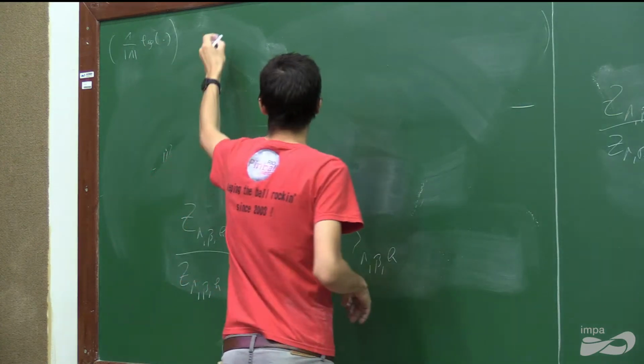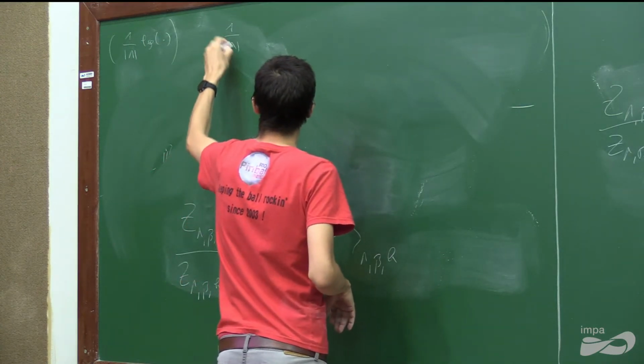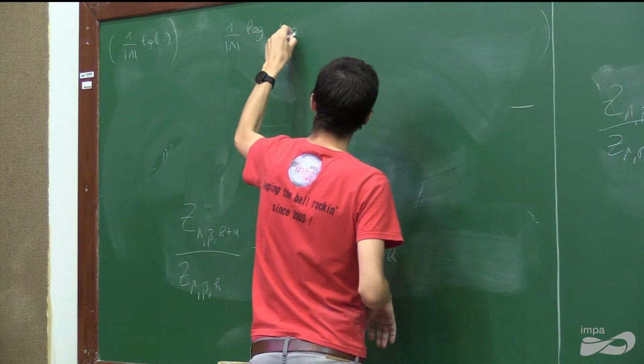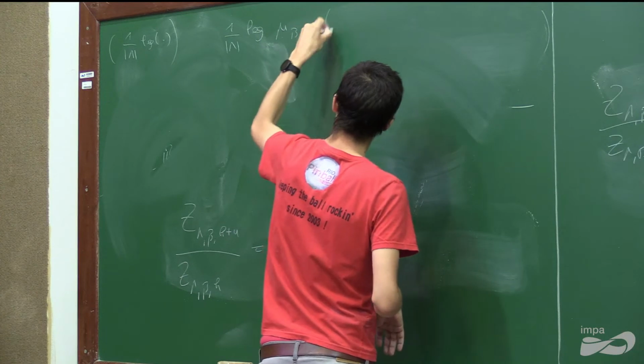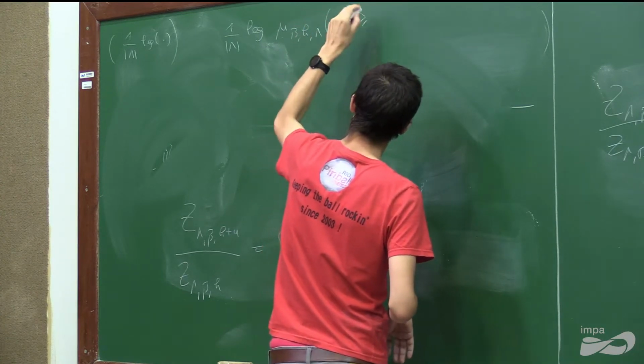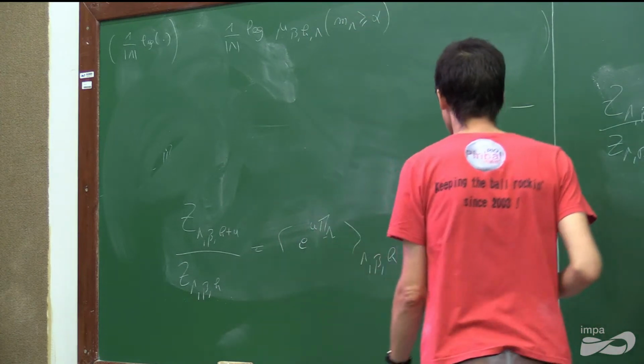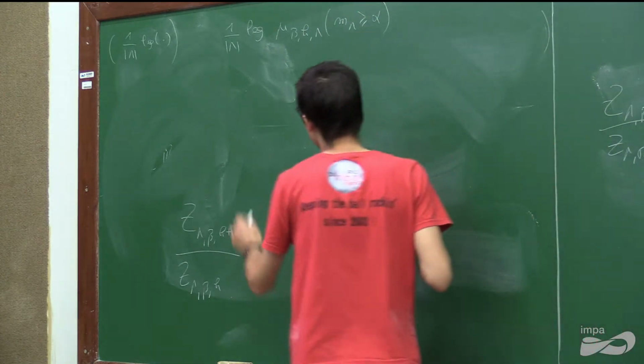What I get is that 1 over lambda times the log of mu beta h lambda, m lambda larger than alpha, well, this is smaller.